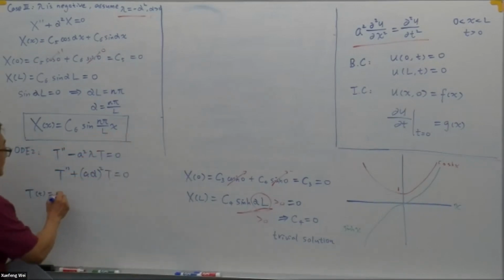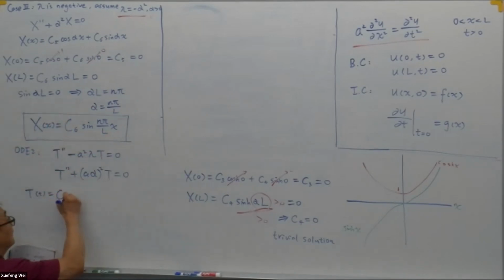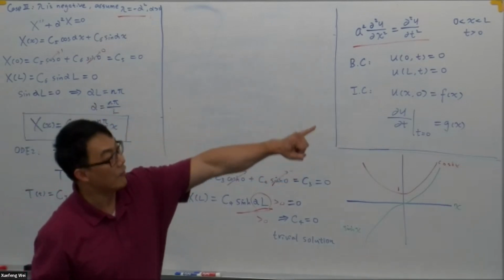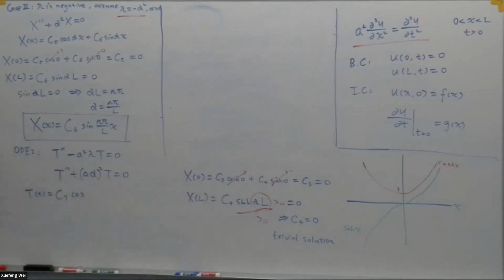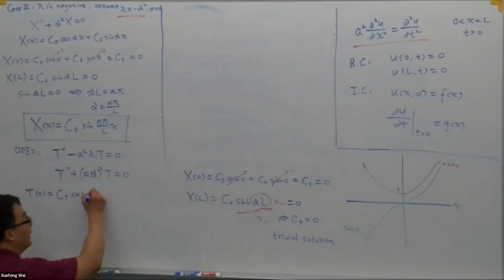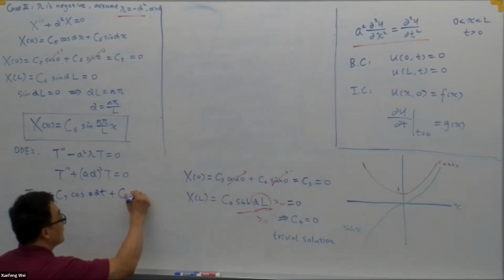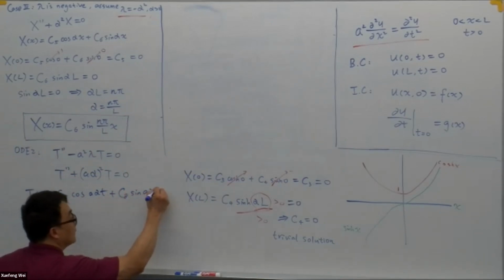I already used C6, so I'm going to use C7. What is that? Cosine of a alpha t plus C8 sine of a alpha t.